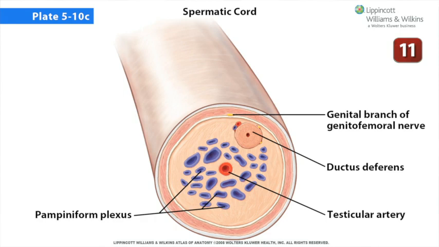Countercurrent blood flow between the blood entering the testis via the testicular artery and the blood leaving it via the veins of the pampiniform plexus results in transfer of heat from the artery to the venous network. This process keeps the testis at the optimal temperature for sperm production. The veins of the pampiniform plexus coalesce into a single testicular vein superiorly.